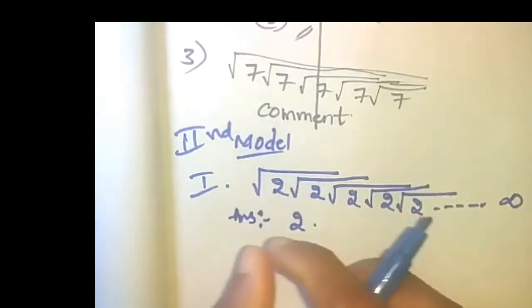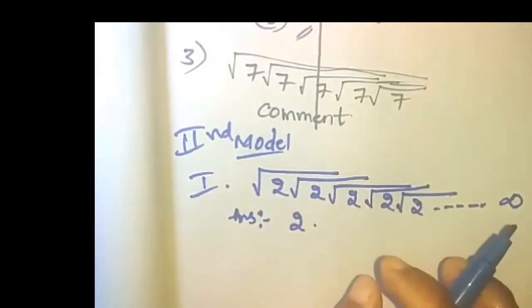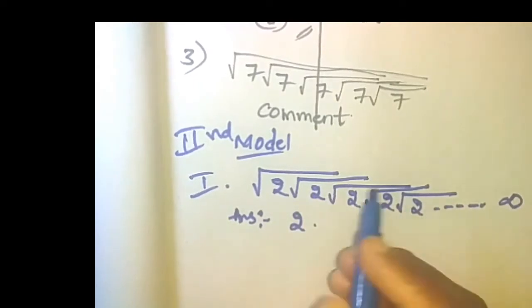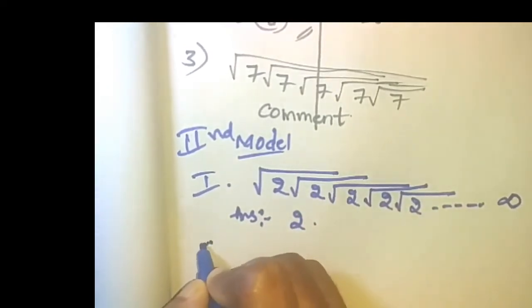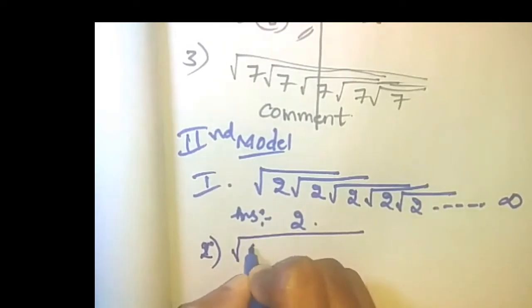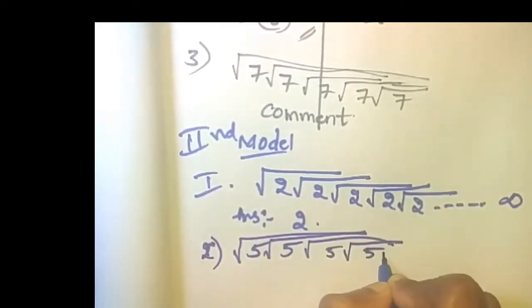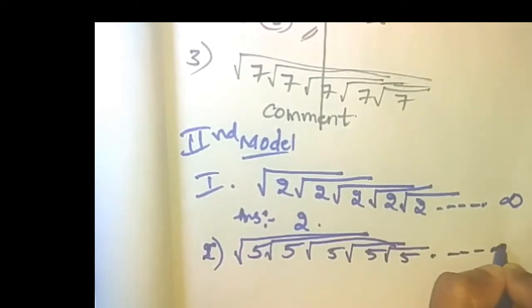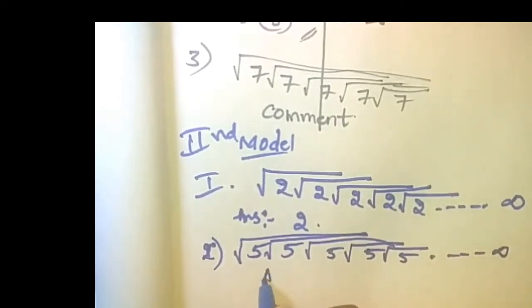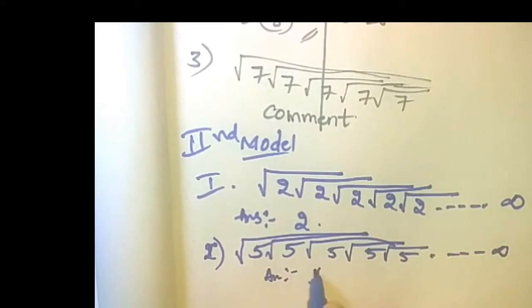Usually we will do it in a very lengthy manner, but I am here to explain only the shortcuts. And for the second problem, if this is under root 5, under root 5, under root 5, under root 5 and so on to infinity, the answer is 5.